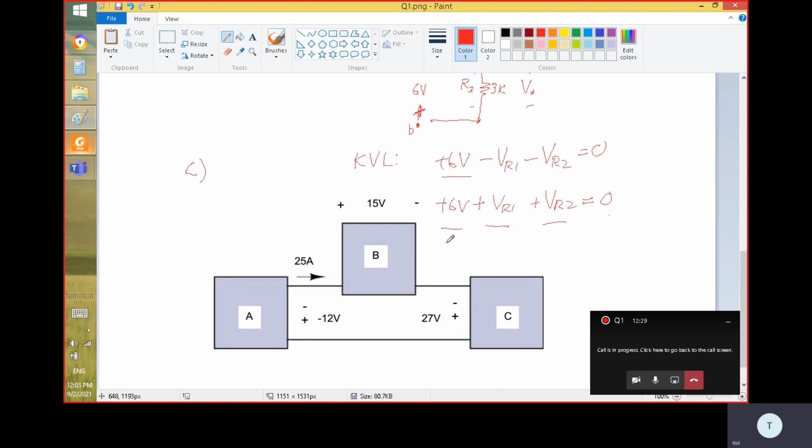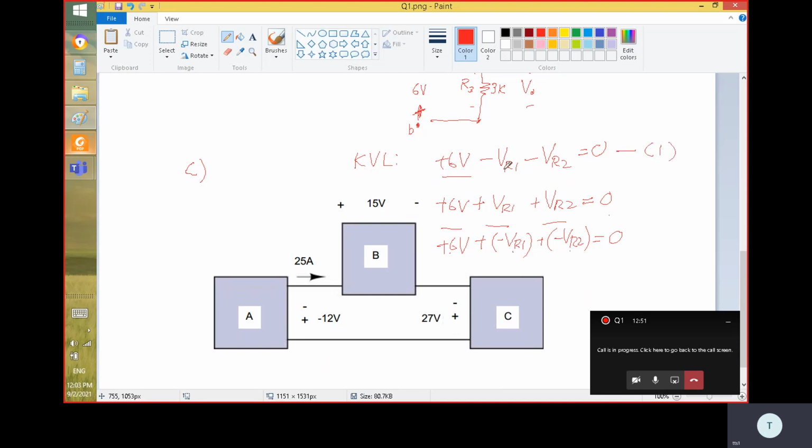So I think at the end you will end up with plus 6 volt plus you need to have minus VR1 and then plus another minus VR2, because 6 volt minus this, then you get a 0. This makes sense, right? But because this is according to Ohm's law, this is true.